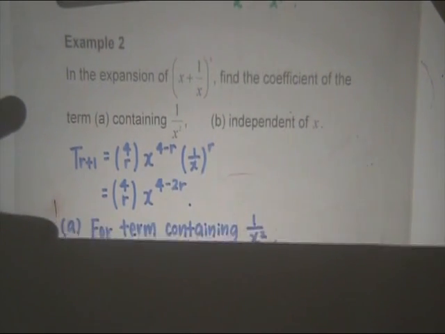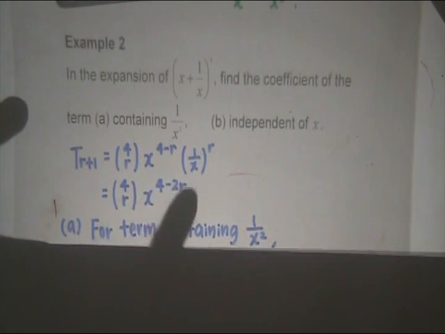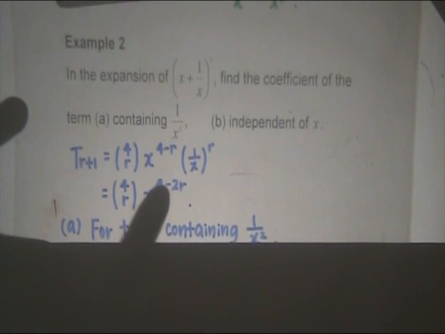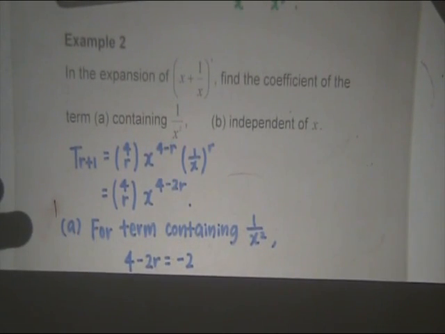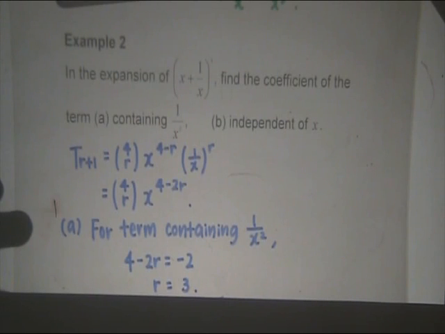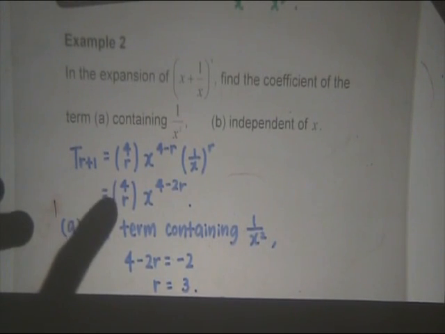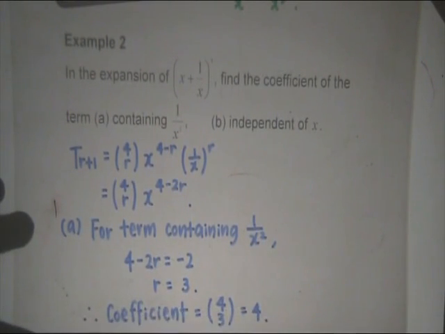I will equate the power of x here to minus 2 and find that r is equal to 3. So if r is equal to 3, the coefficient of x to the power of minus 2 will just be 4 choose 3, which is equal to 4.